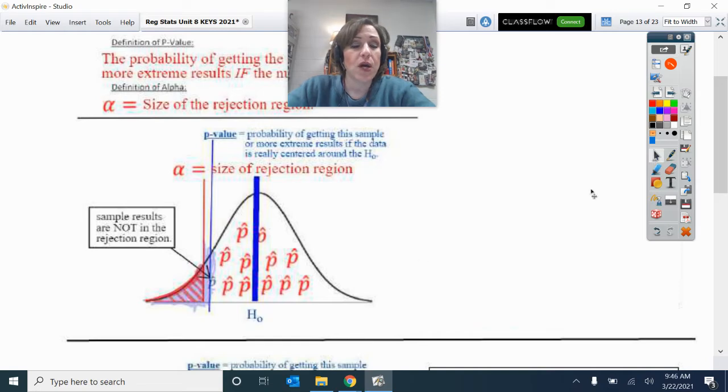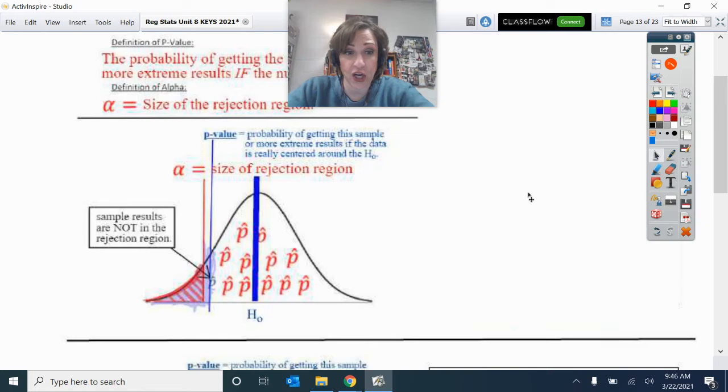Okay, so notice where this sample is located. Is this sample in the rejection region or not? And so then, of course, I've pointed to it. It says the sample results are not in the rejection region.